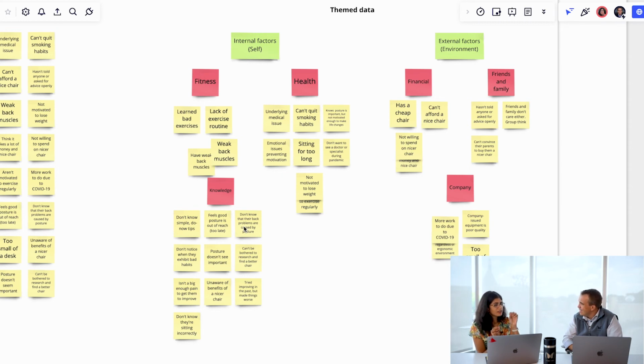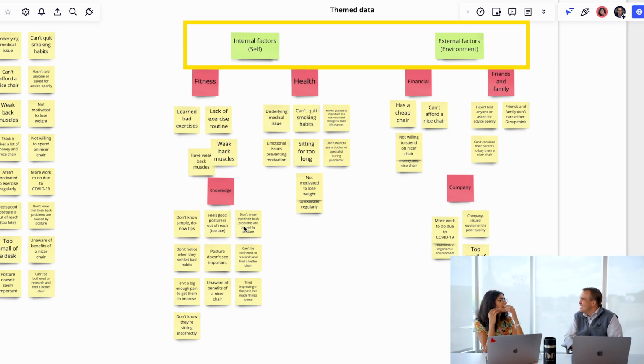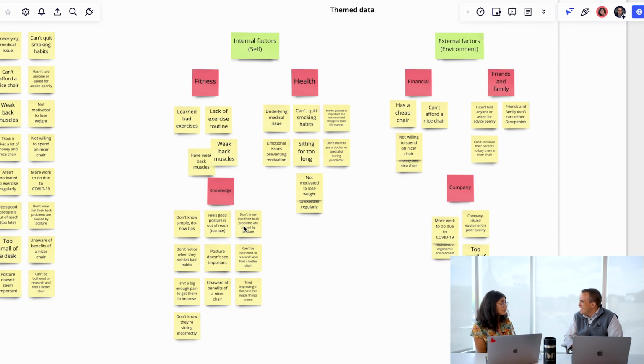To say, these are internal factors that are influencing, things I do to myself. Right. Things that happen to me. Say something about it, like the so what. This is the what, and then you want to do the so what. And those green stickies, the higher level, is a really good place to start. And it also drives alignment on the team. It's like, why did we sort these this way?